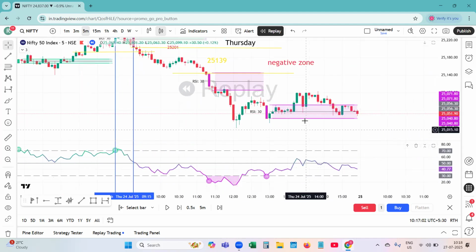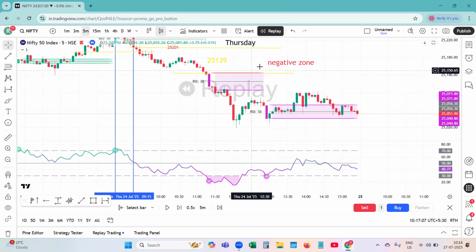Intraday people would have made a mistake because it is still in a negative zone. People who do reversal trades get trapped. That is the mistake they make. When the trend has been established towards the downside, finish the trade.